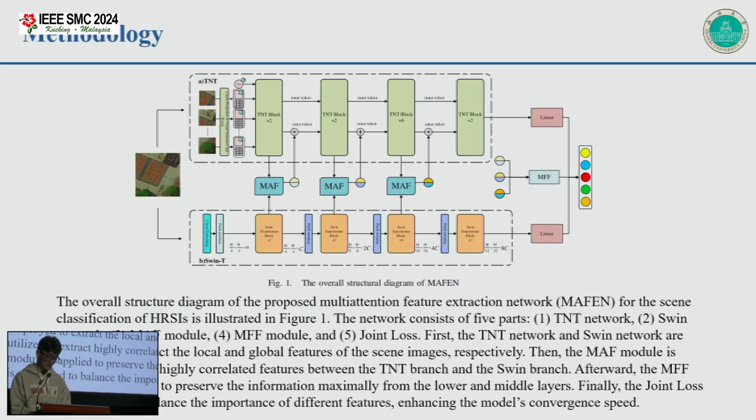Afterwards, the MFF module is applied to preserve the information maximally from the lower and middle layers. Finally, the joint loss is employed to balance the importance of different features, enhancing the model's convergence speed.